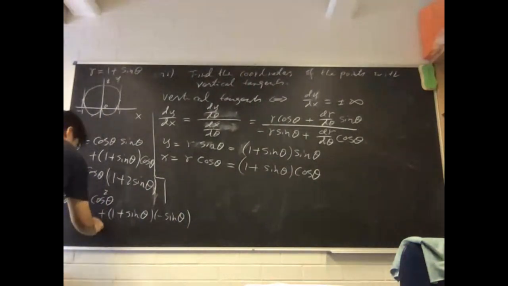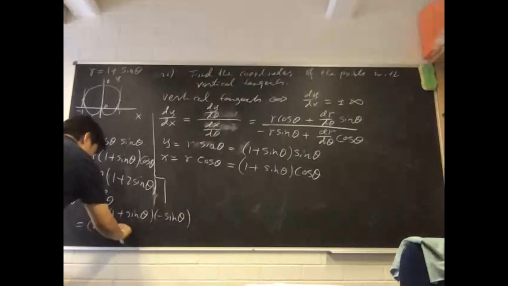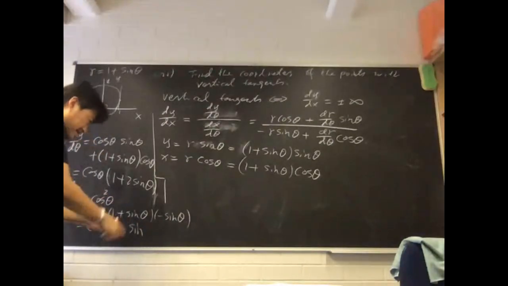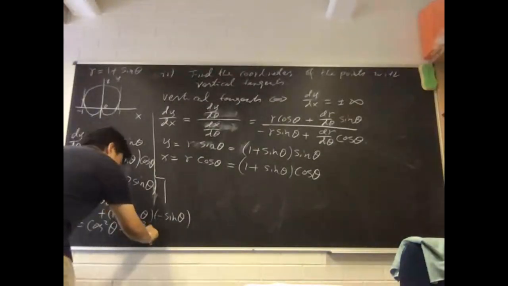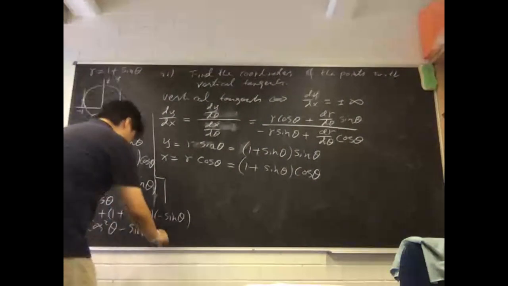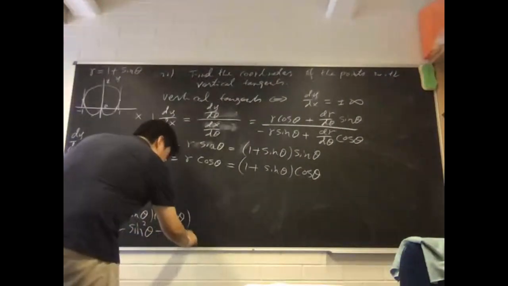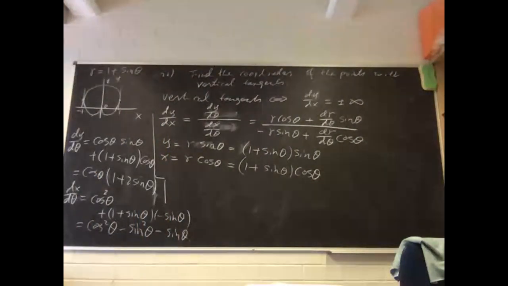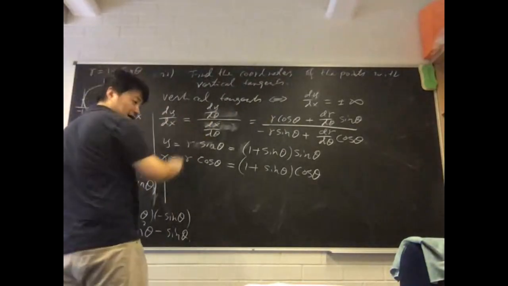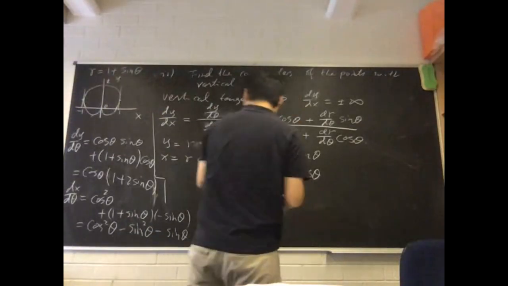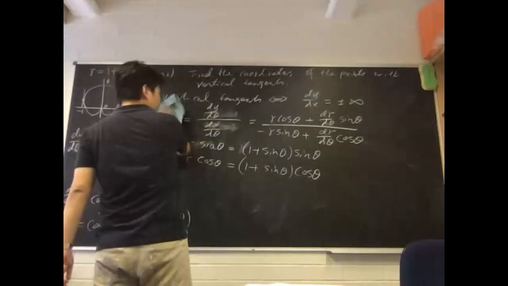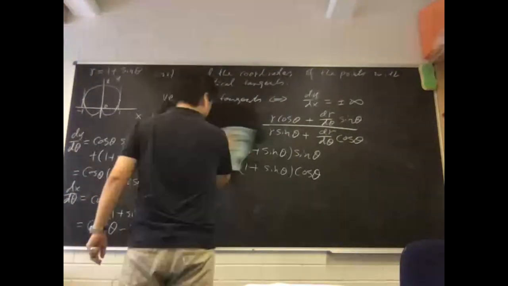So it is cosine theta minus cosine squared theta, and I have a minus sine squared theta, and I have a minus sine theta. All right, so let me put the formula here so that it's more prominently displayed.